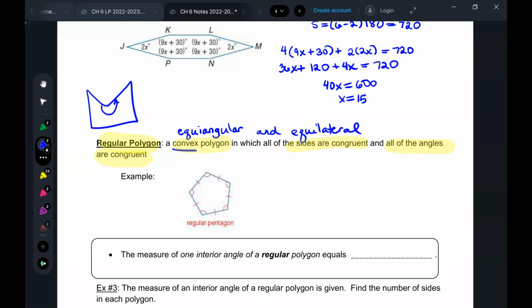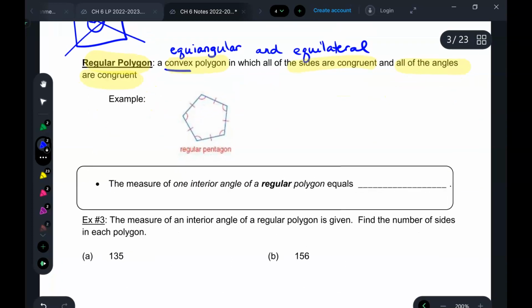From here to here, do you see how that would go past the 180 mark? So right away I know I can't have something that's equiangular, because I would never get a whole bunch of angles bigger than 180. So that will never be regular.